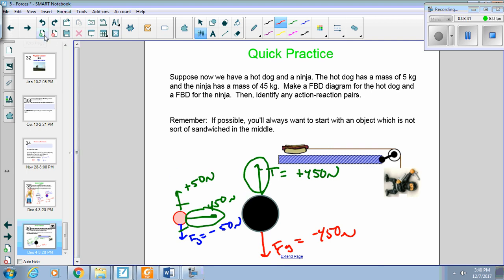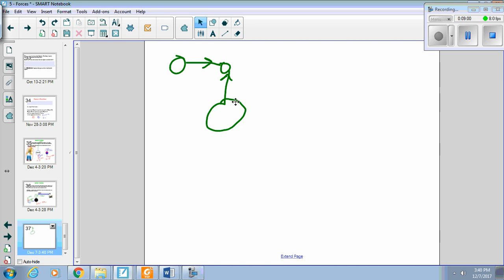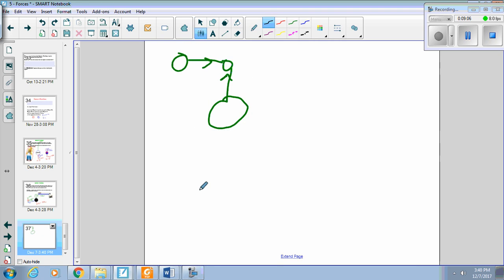Well, here's the trick whenever we have something on a rope like that. Here's our objects. Here's one. Here's our little pulley, and then here's our bigger ninja, right? If we were to take these forces in this rope and stretch it out so that it's linear, it's that one.